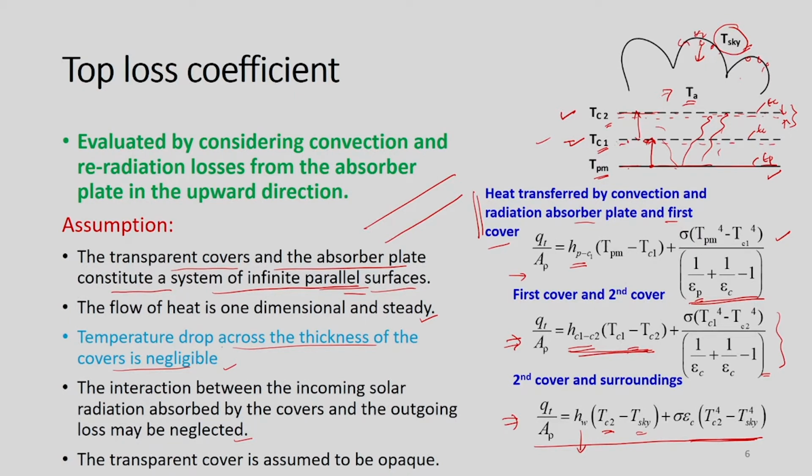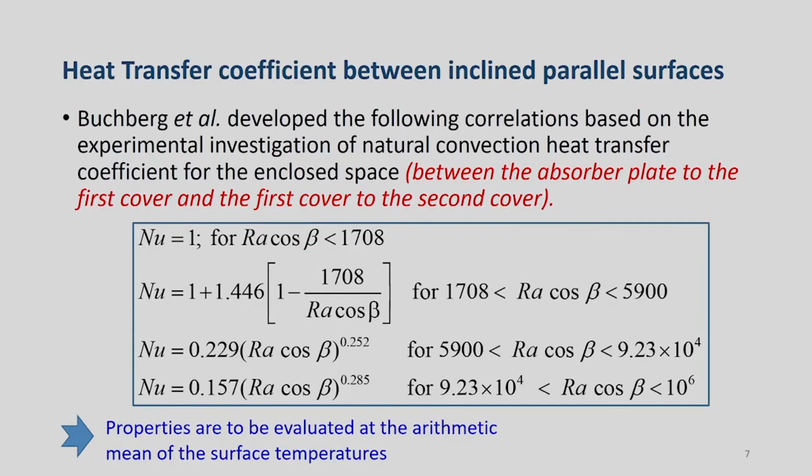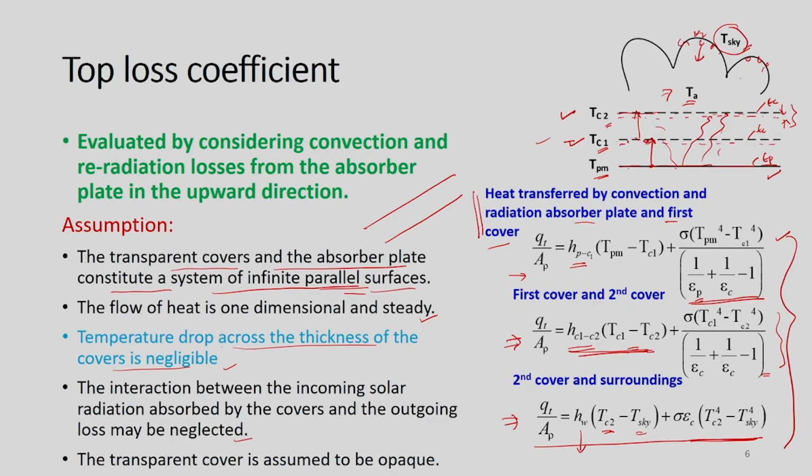So, we have explained how this can be added and how the rate of heat transfer can be calculated between these parallel plates, right. Now, let us learn how this heat transfer coefficient can be calculated. If we go back to the last slides, these heat transfer coefficients need to be calculated.